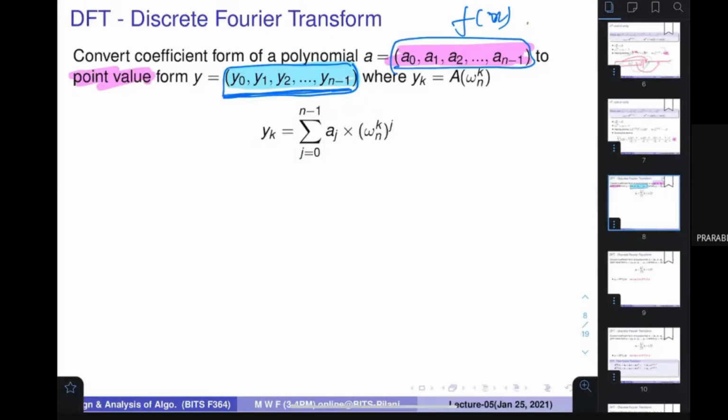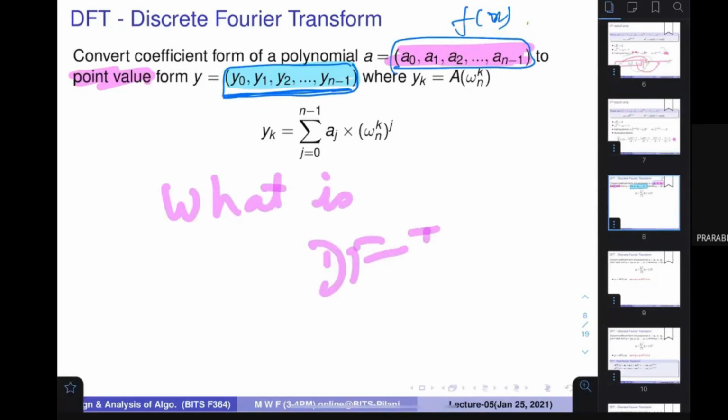No question? Okay. But I have a question, and the question is, what is the DFT? What is the discrete Fourier transform of a function?